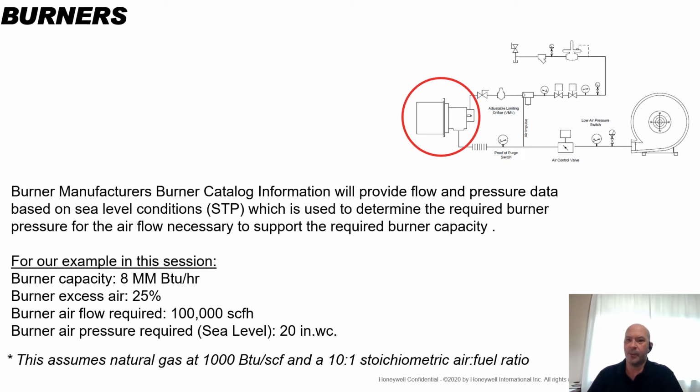We want to run the burner at 25% excess air, so that's 25% above the stoichiometric air-fuel ratio, or perfect combustion. The airflow required for that capacity is going to be 100,000 SCFH, which is standard cubic feet per hour, and the burner air pressure required to do this is 20 inches water column. This assumes that the natural gas is 1,000 BTUs a cubic foot, and we are at a 10-to-1 stoichiometric air-fuel ratio.